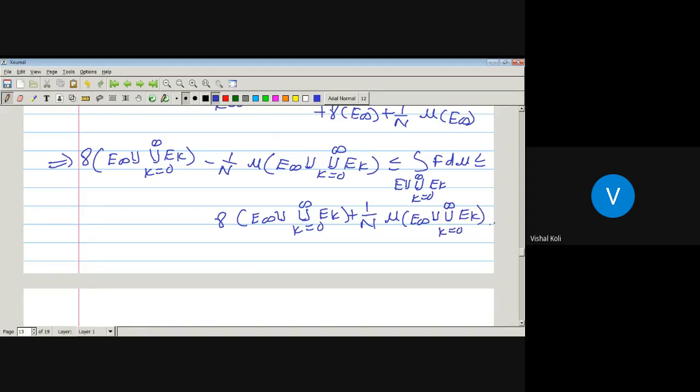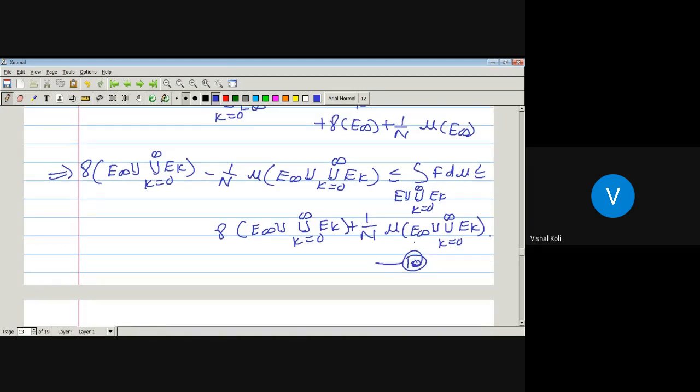But we have defined E as E infinity union the union over k running from 0 to infinity of Ek. First take this one as equation 10. Okay, so we will go to our previous steps.